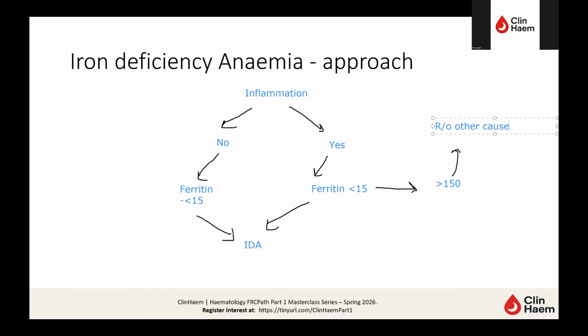But in reality, you can't rely on just one cutoff for ferritin, because a loss of stage can give you a massive rise in ferritin, but the person can still be iron deficient. So if you really do want to check, and the ferritin is between 15 and 150, which is what the guideline says, or even if it's above 150, you would still want to do other tests side by side.